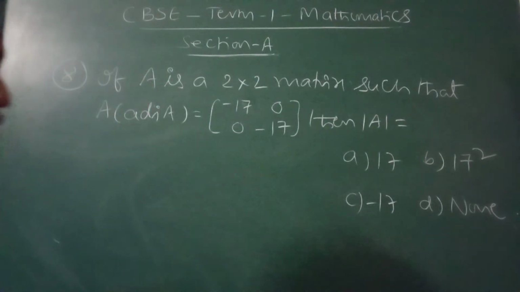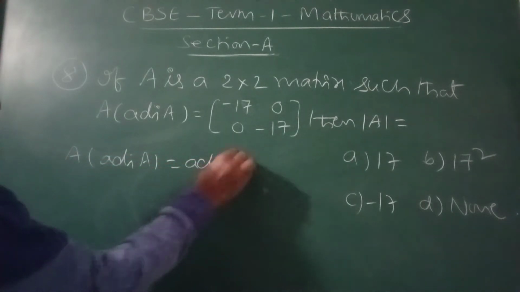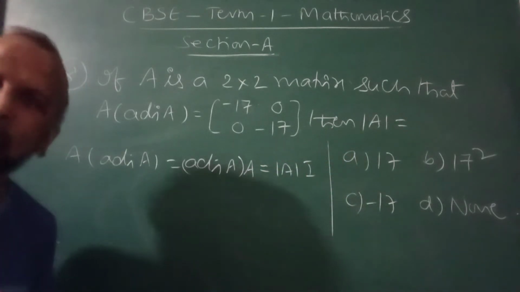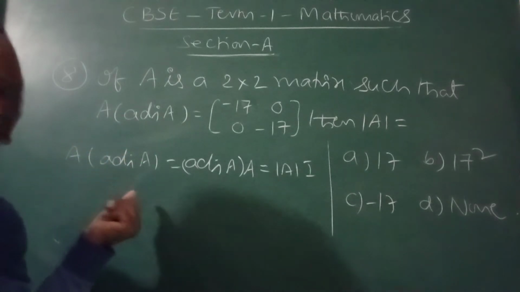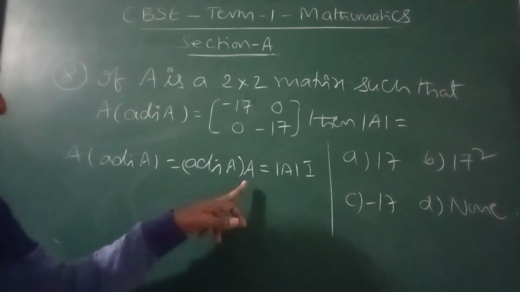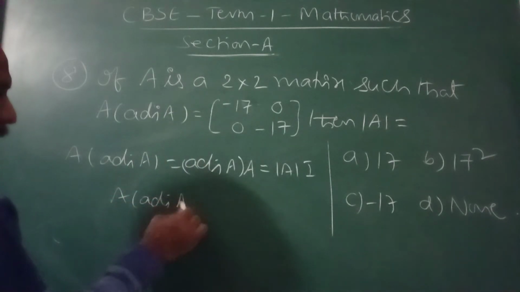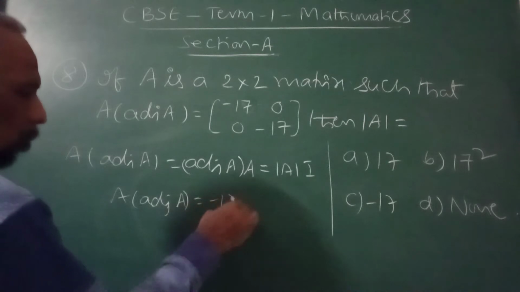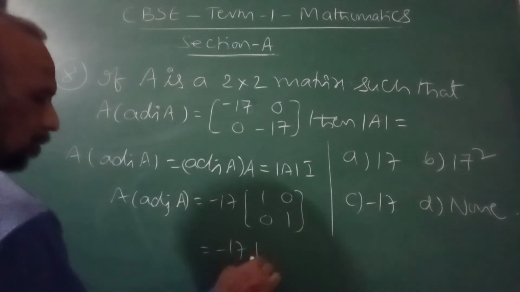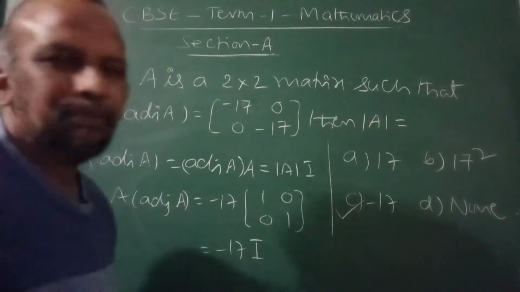Then det A equals, we have the property A into adjoint A equals adjoint A into A equals det A into I. So this is the property we always have. Using this, I can write A into adjoint A, taking 17 common, as minus 17 times the matrix 1 0 0 1, which is minus 17I. So from this, det A is equal to minus 17. Your answer is minus 17.